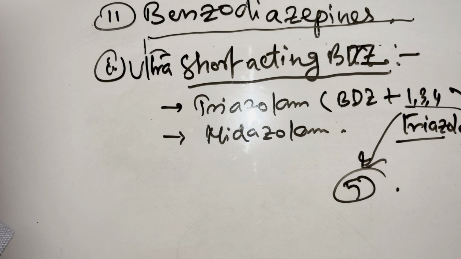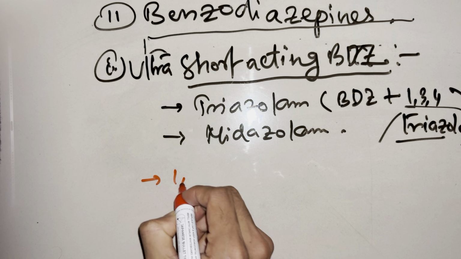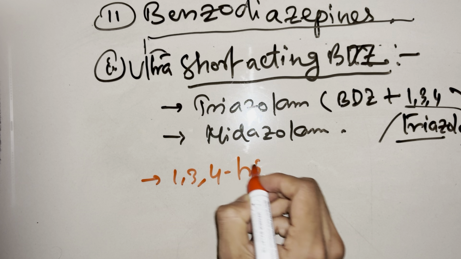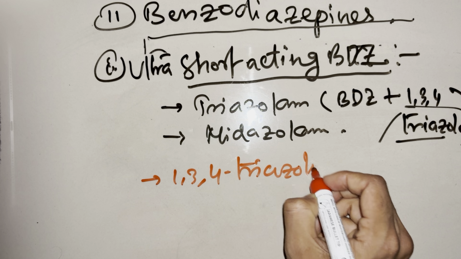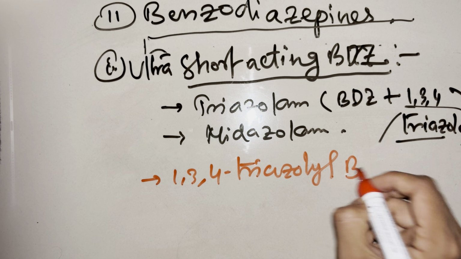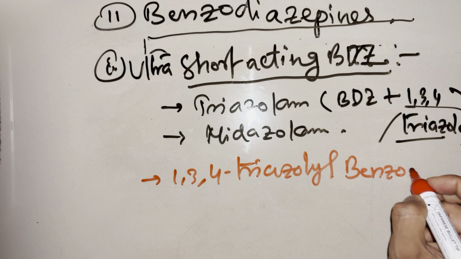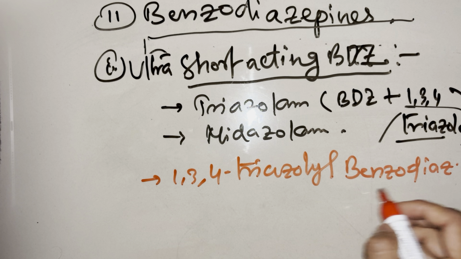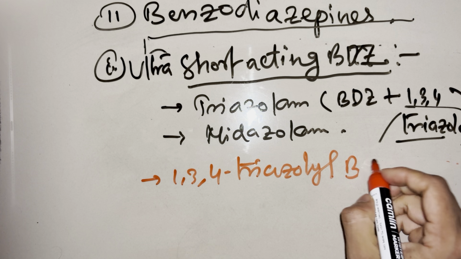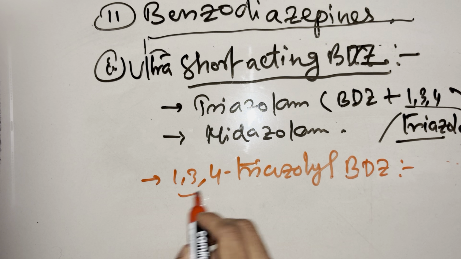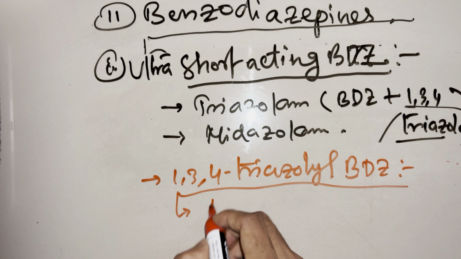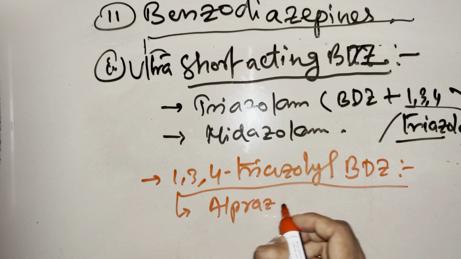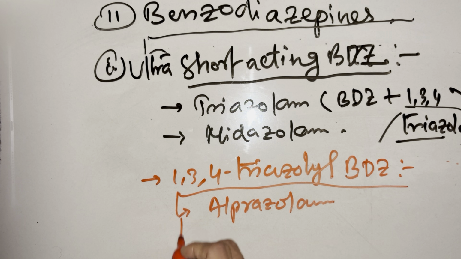So write in red pen a short note: 1,3,4 triazolyl benzodiazepine, BDZ. Examples are alprazolam and triazolam.